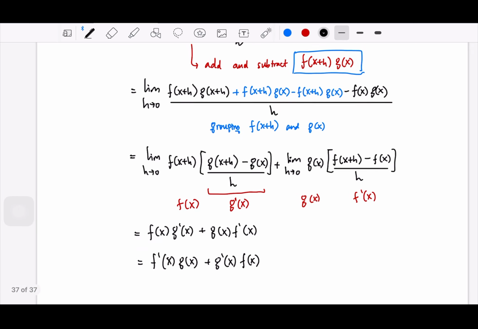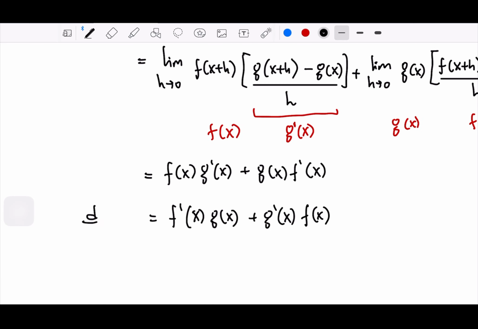And then this becomes our product rule. So d/dx of f of x times g of x. Usually I always write f prime g, g prime f, because I will relate this formula to the quotient rule, just to help you easily apply the formula.